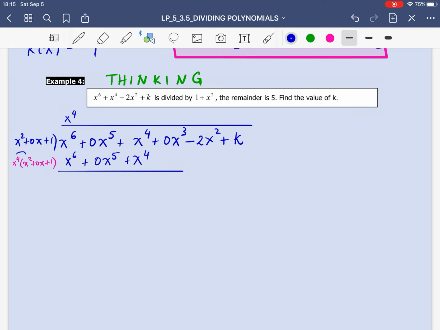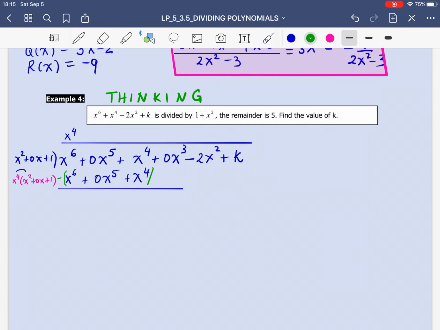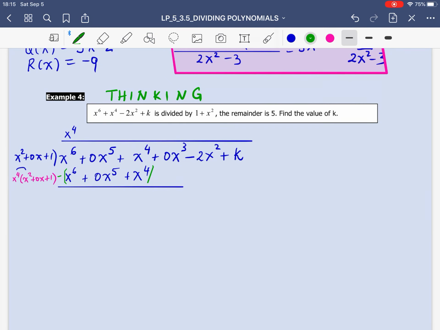We'll draw the line here, and we will subtract this. So here we go again. x^6 minus x^6 is 0x^6. 0x^5 minus 0x^5 is 0x^5. x^4 minus x^4, great, 0x^4. So we have nothing left in here.